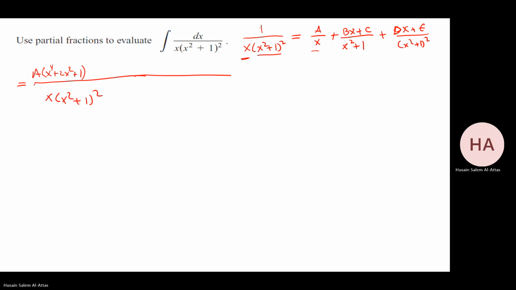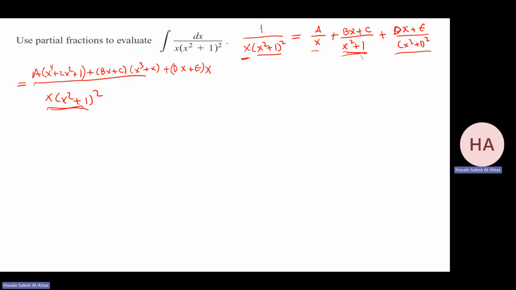Then I divide by this one, I have plus (bx plus c) times x times (x squared plus 1), which is x cubed plus x. Just to save time, that will be (dx plus e). This time it will be x. If I divide this by this one, I'm getting x, so multiply by x.